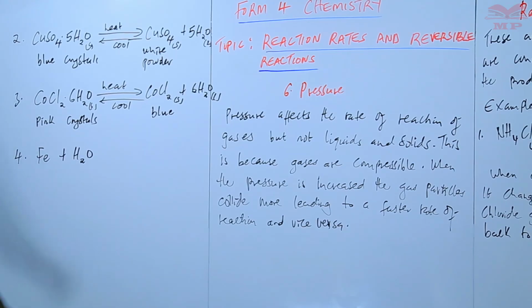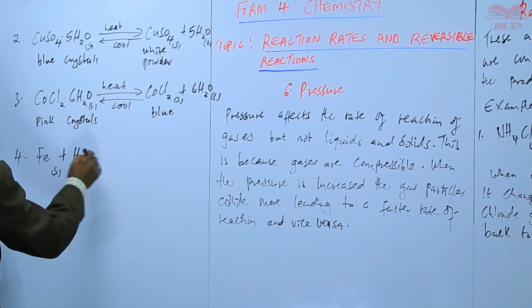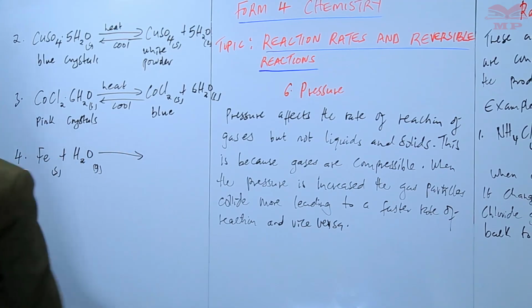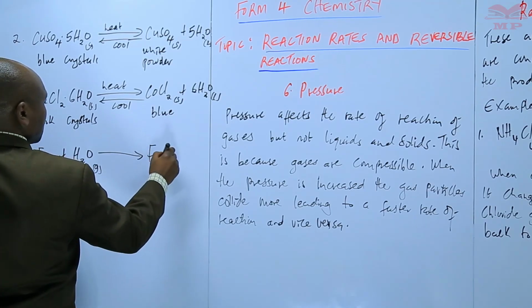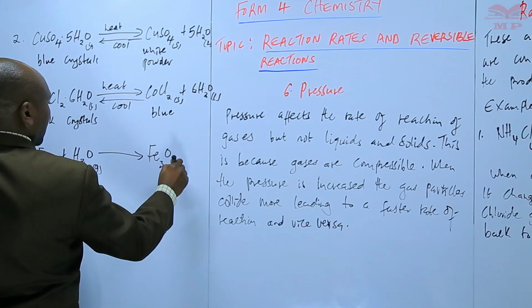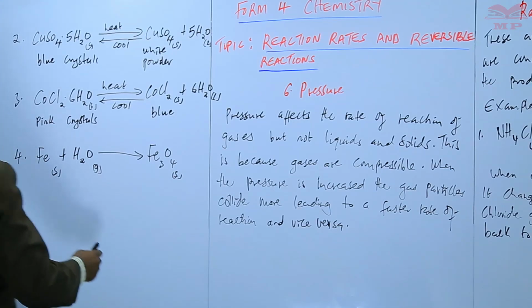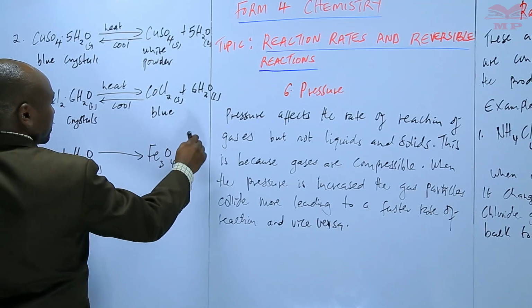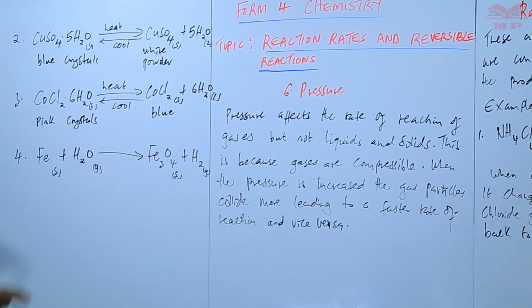When iron reacts with water, in the form of steam, we get triiron tetraoxide, which is an iron oxide, plus hydrogen gas.